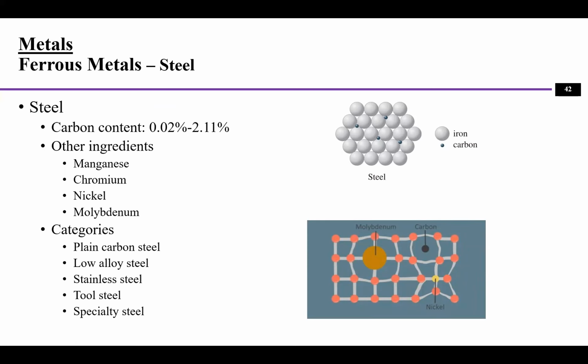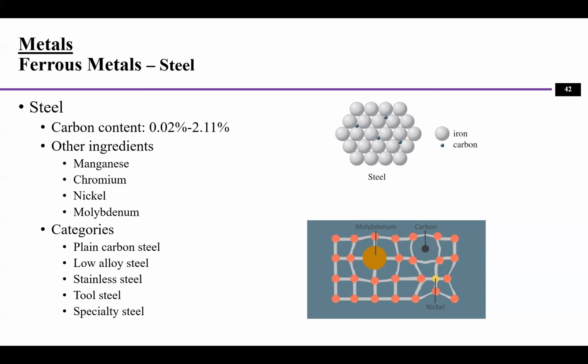And steel is a very common metal alloy in our life, and it's almost everywhere. But steel is not just the iron and the carbon itself, and a lot of the time it has other ingredients, for example, manganese, chromium, nickel, molybdenum.